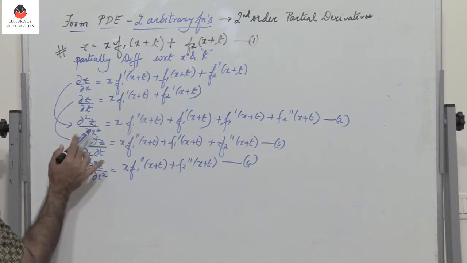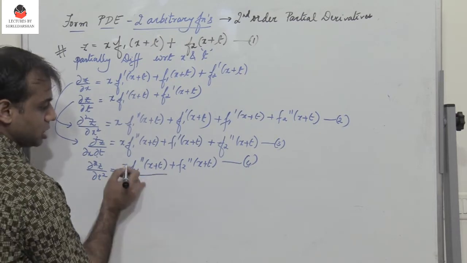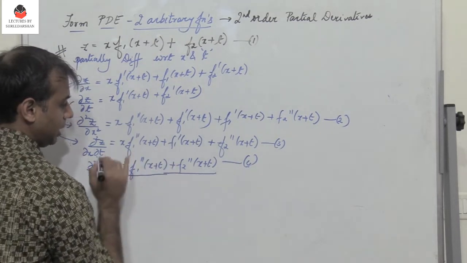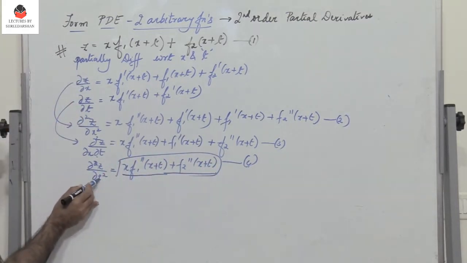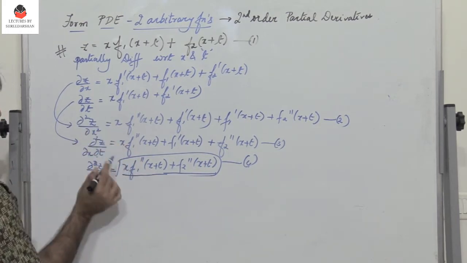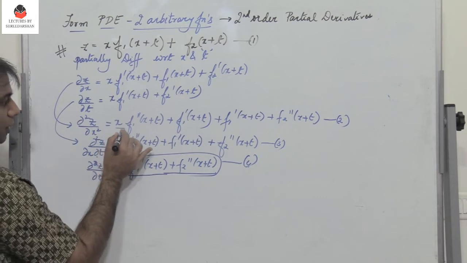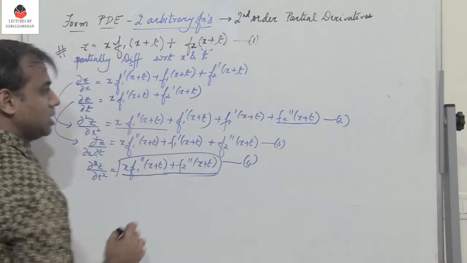So observe that in equations 2 and 3 we have x f1 double dash plus f2 double dash. So this entire term is equal to del square z by del t square. So we observe that this is already present here. So you have x f1 double dash (x plus t) and here you have f2 double dash (x plus t).